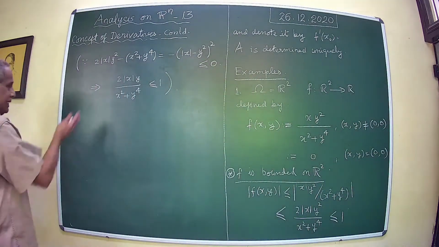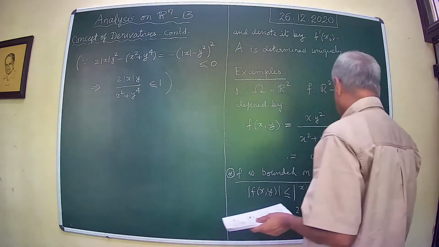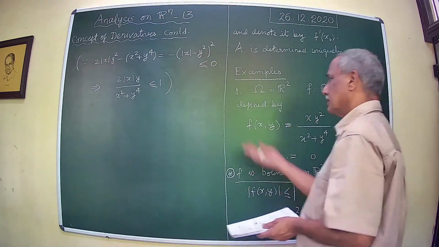So that is pretty simple because at the origin it is 0 anyway, but elsewhere it is this, and this is the estimate.